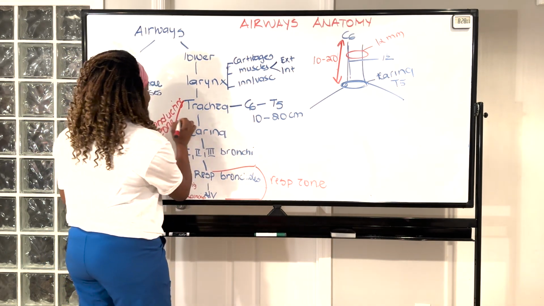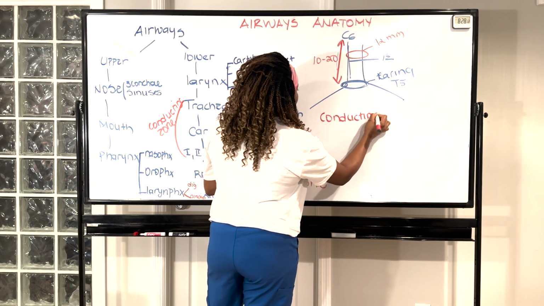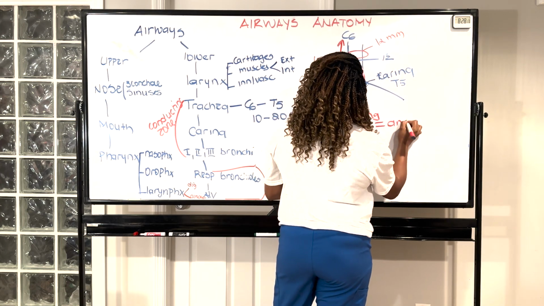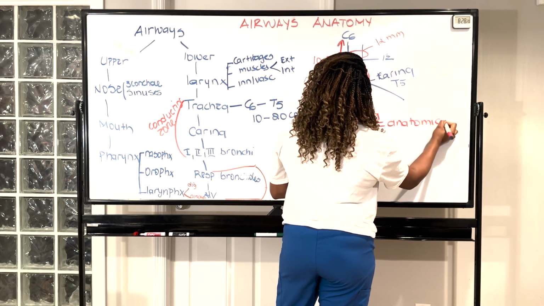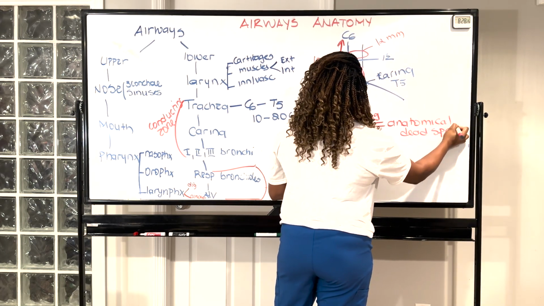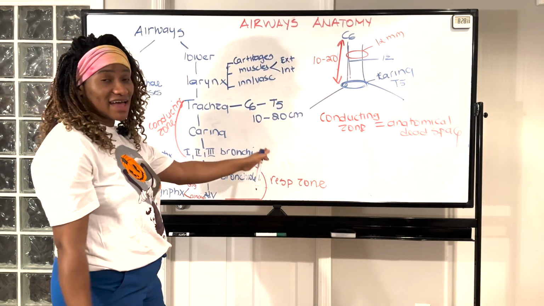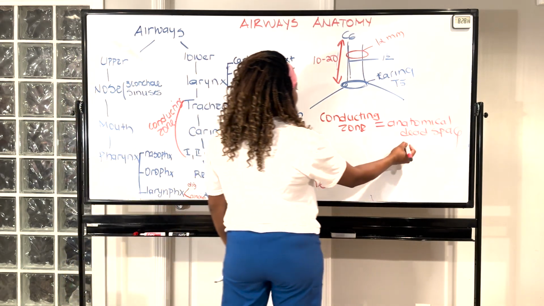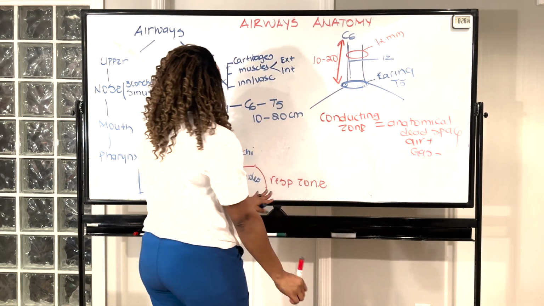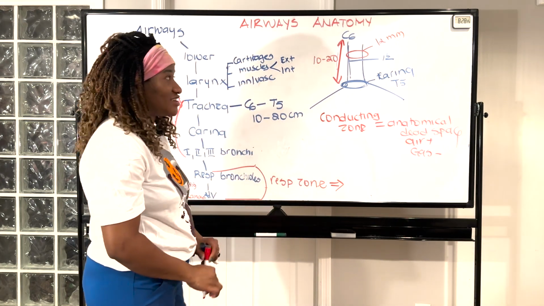So dead space is your conducting zone, your anatomical dead space, because here you have the passage of the air, but you don't have any blood bringing the gas. And then your respiratory zone here is where you have the gas exchange.